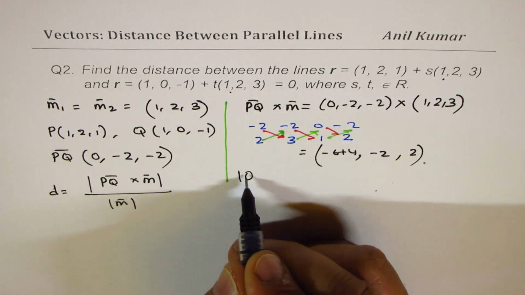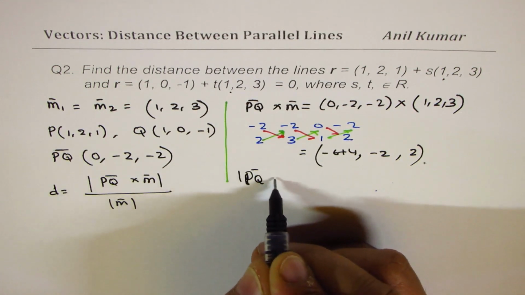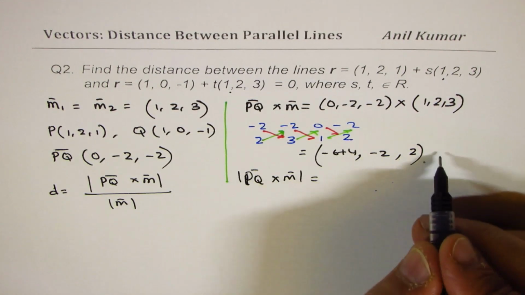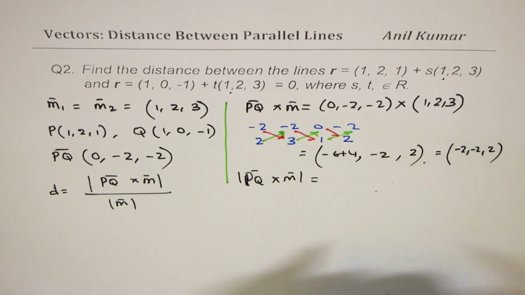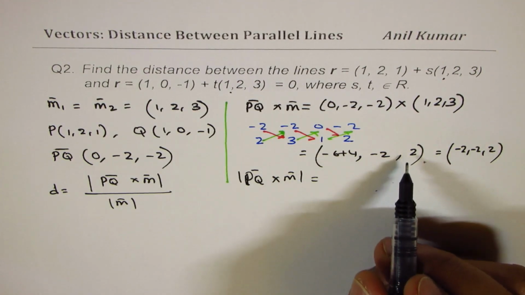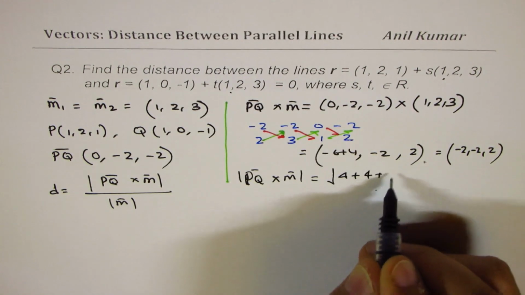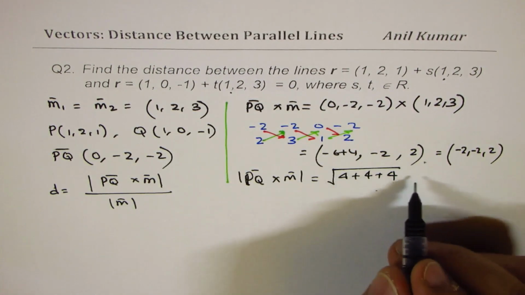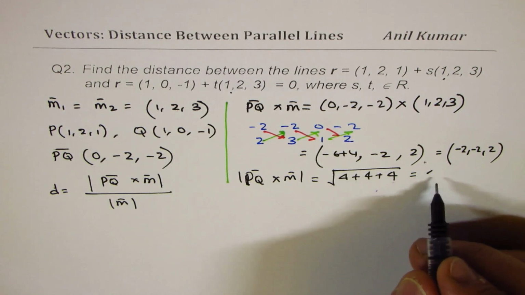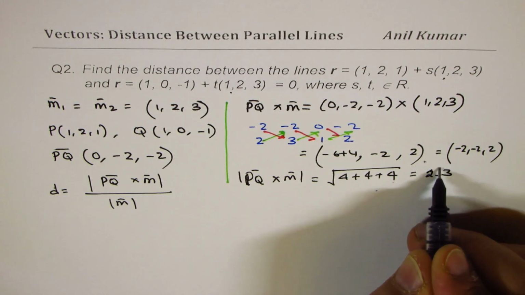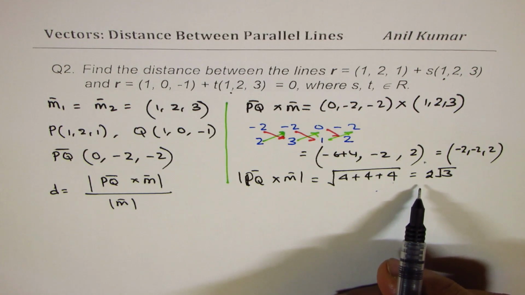Now the magnitude of PQ cross M, which is (minus 2, 0, 2), is the square root of 4 plus 4, which is 8, or 2 square root 2.